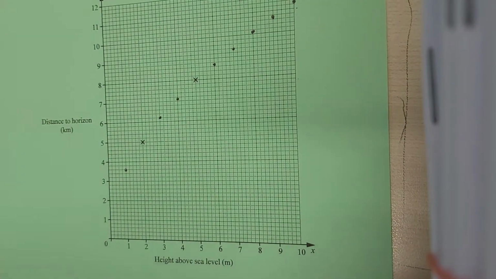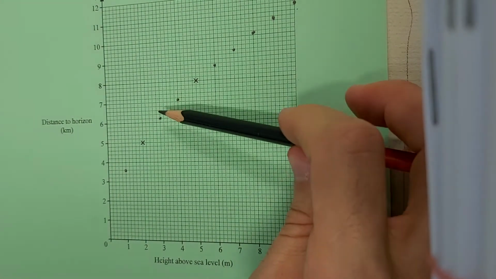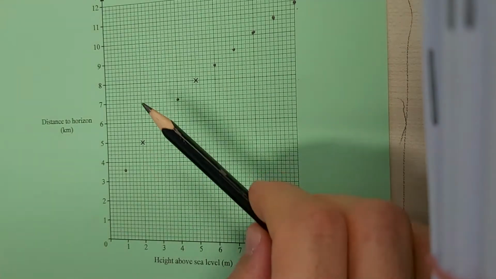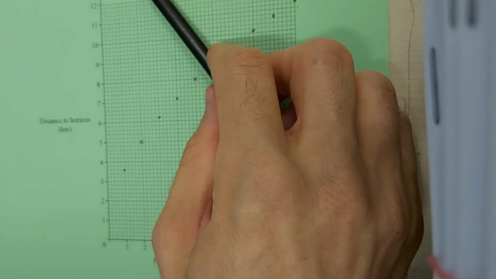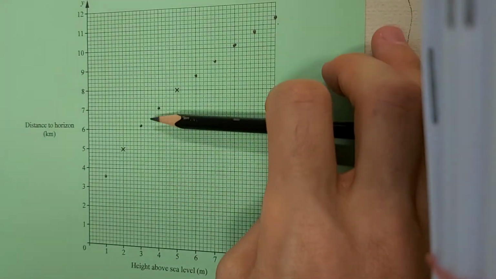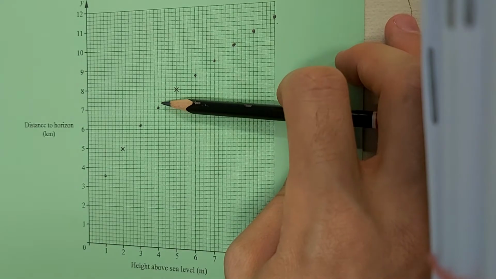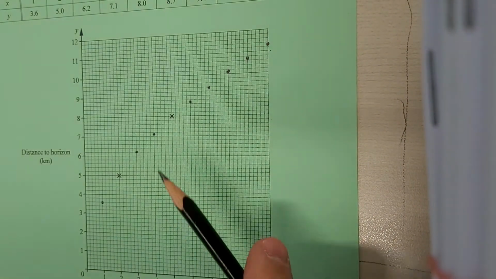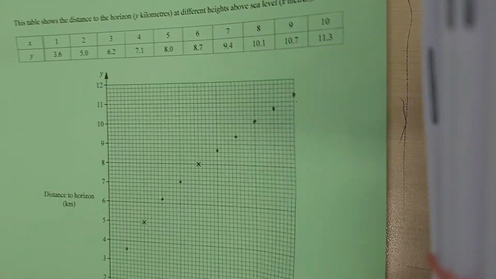One common mistake can be to assume that each of these ticks means 0.1 instead of 0.2. That also means that (4, 7.1) is going to end up somewhere between the 7 and the 7.2, which is why that dot was drawn in between. You just want to make sure that you plot that accurately.